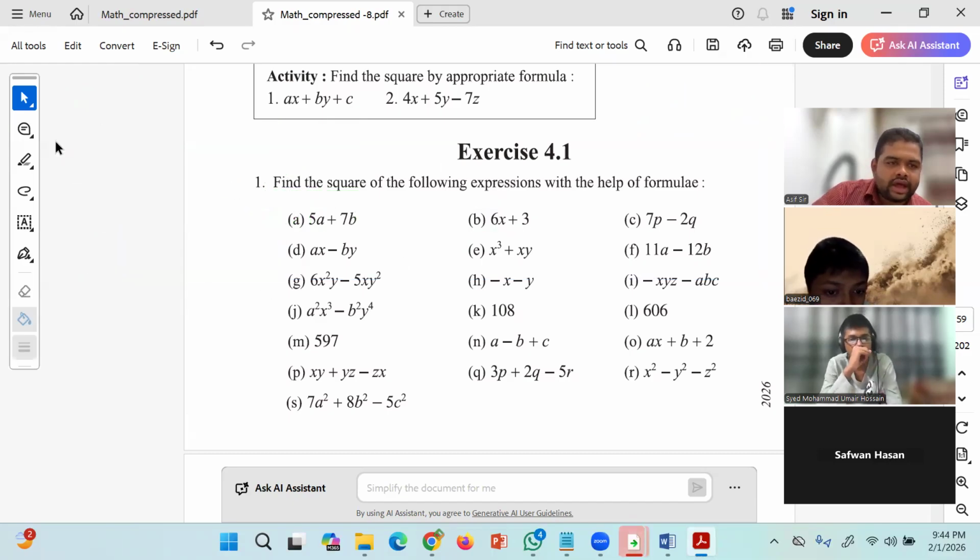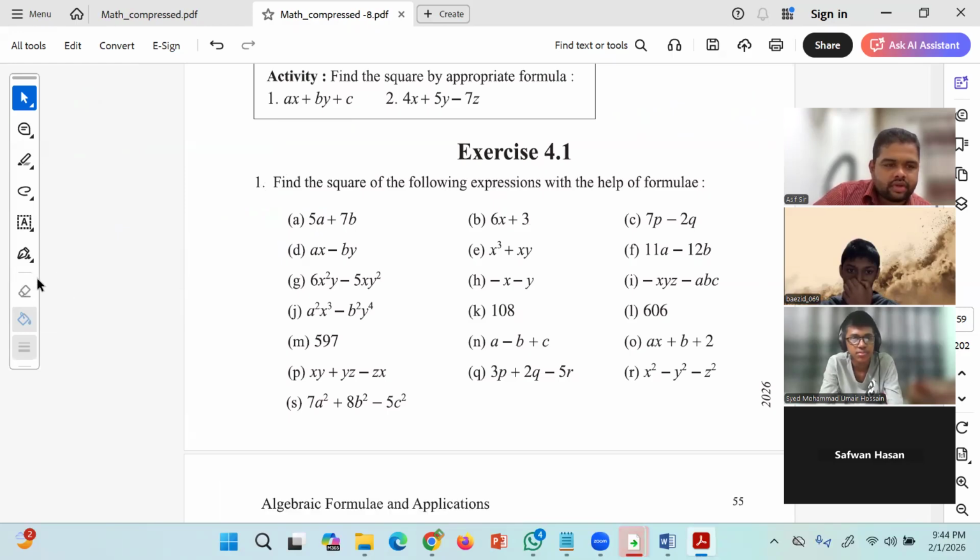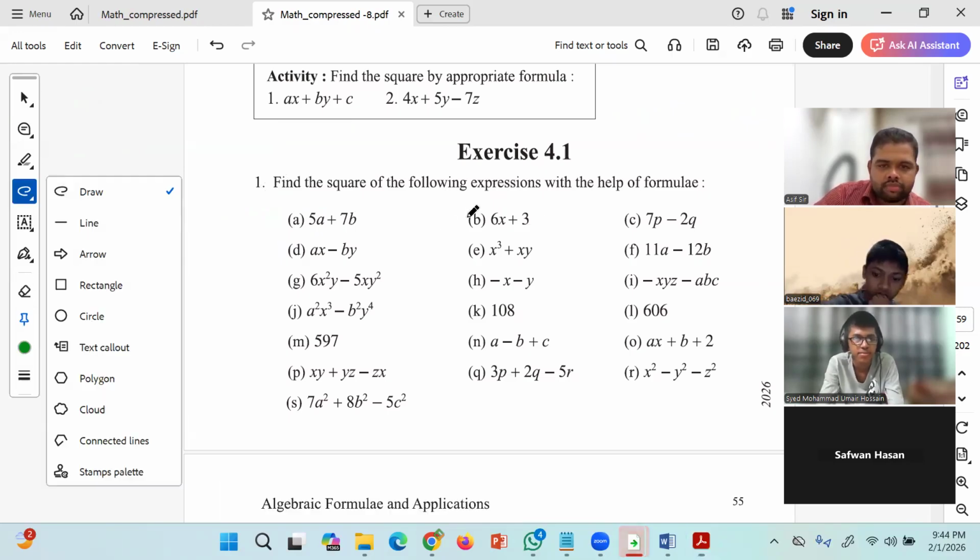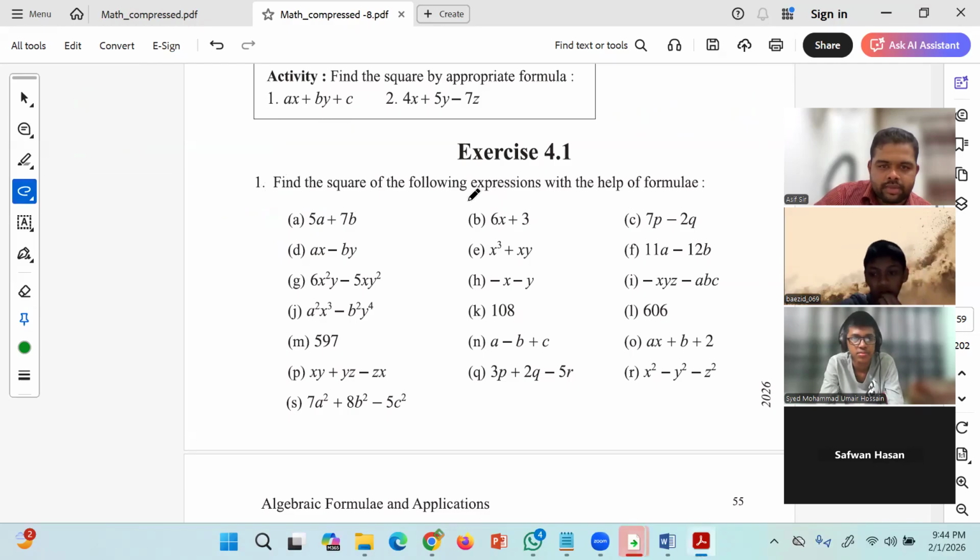Okay. Now I have a homework for you guys. The homework is you have to solve number B. No, that's not a homework. I have changed my mind.